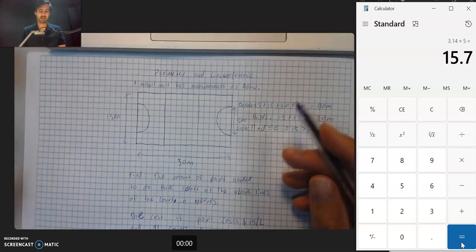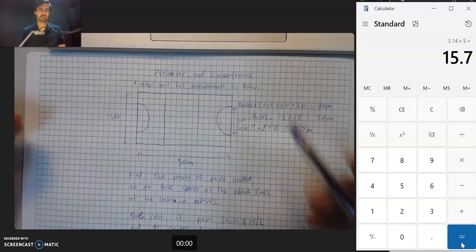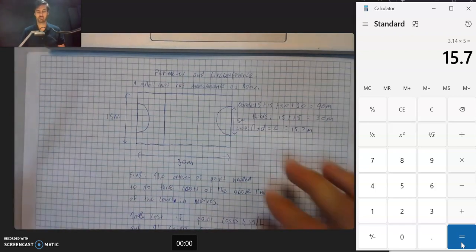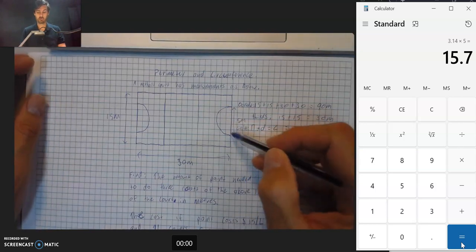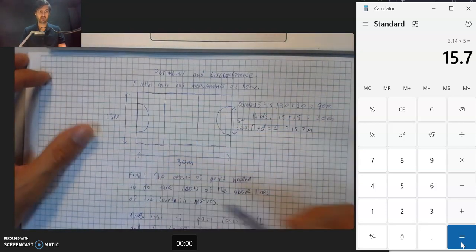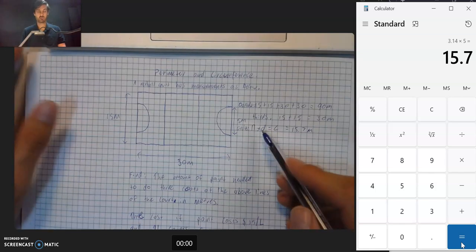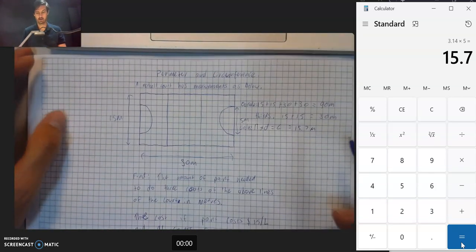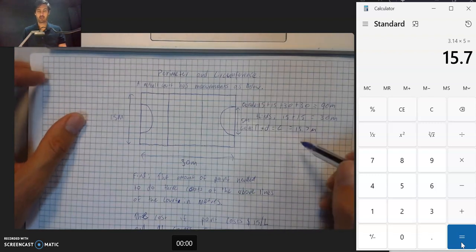But you're really just wasting time doing it that way. It's better to do it as one. Whenever you've got 2 semicircles of the same diameter, you are better just to do pi times the diameter, or 2 pi r, if that's what you've got, and get the answer that way.